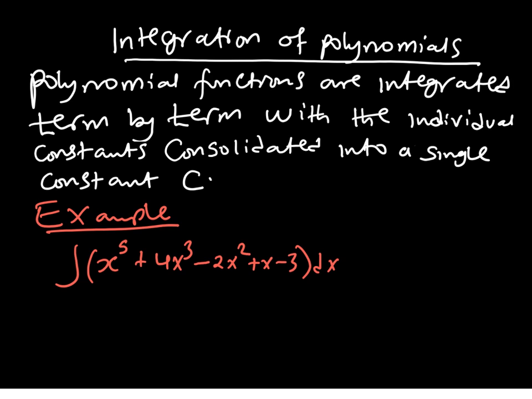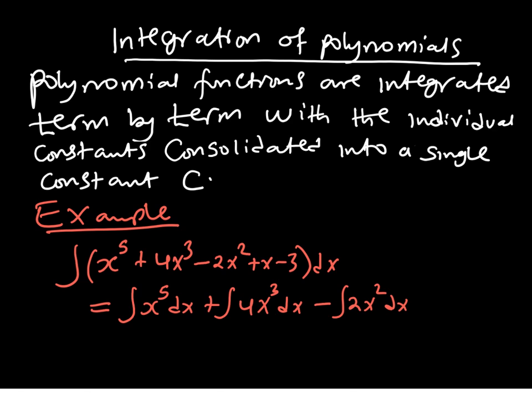This is just for explanation purposes, don't do it this way. It means you integrate x to the 5 dx, plus integrate 4x cubed dx, minus integrate 2x squared dx, plus integrate x dx, minus integral of 3 dx. The polynomial function is integrated term by term.